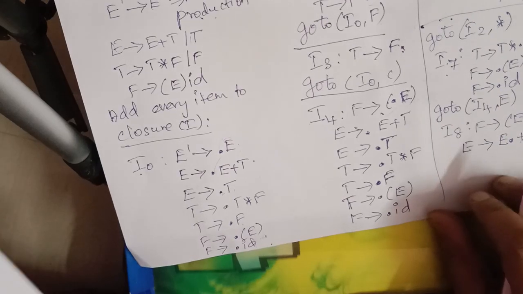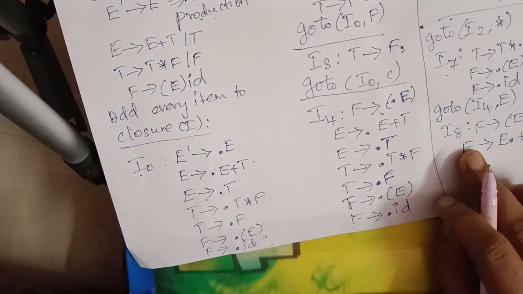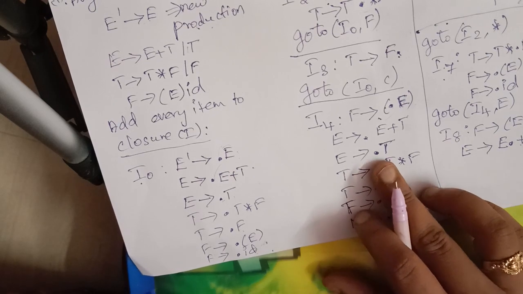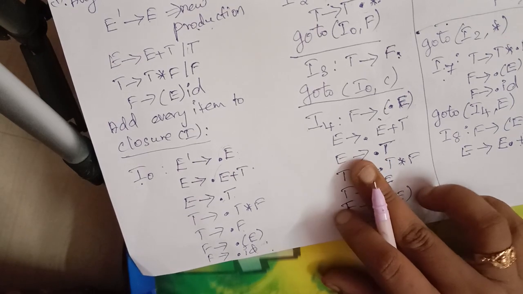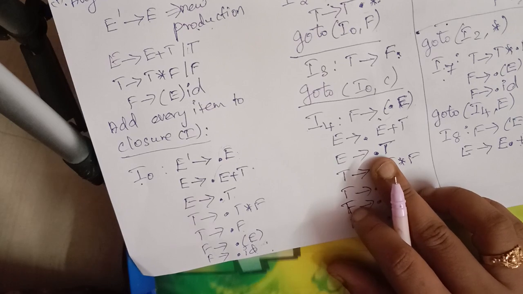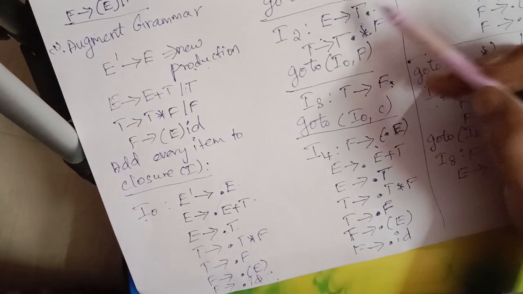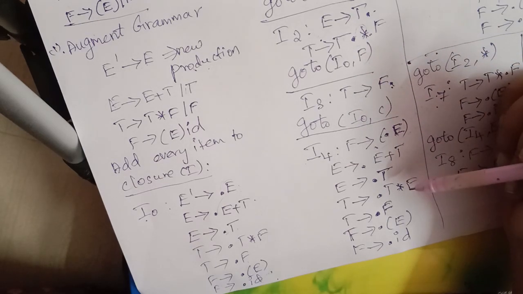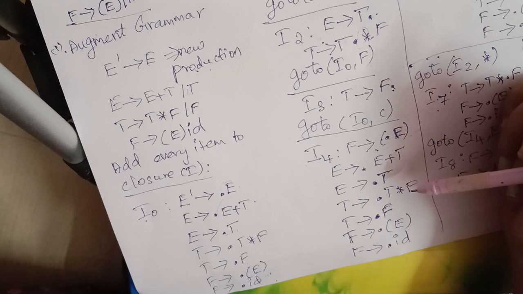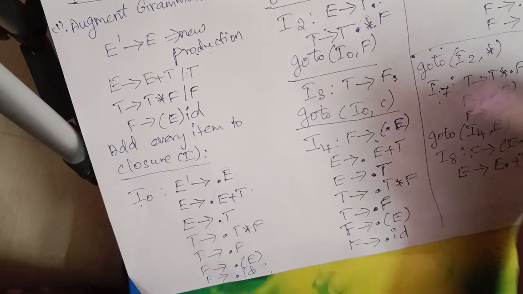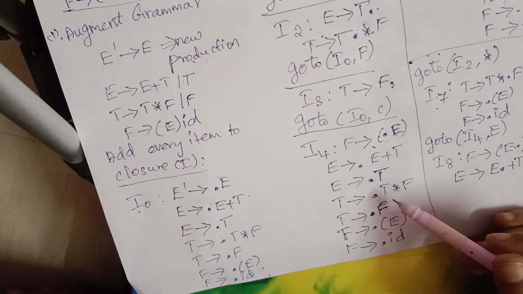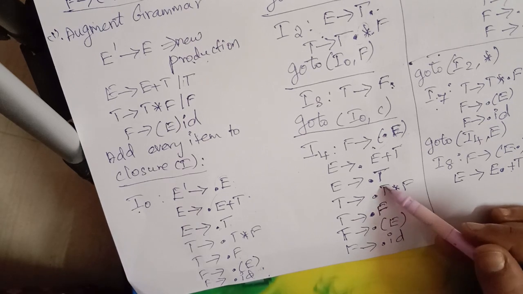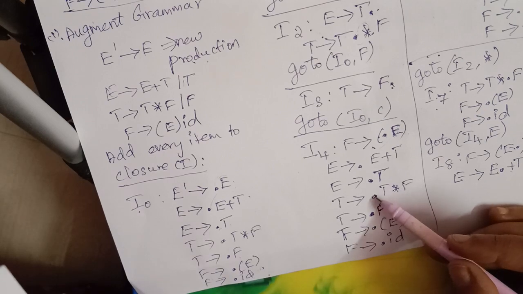Now I8 is over. If I apply goto I4 comma T, it is already done, so I'll get I2. Similarly for I4, all the terms are already derived.